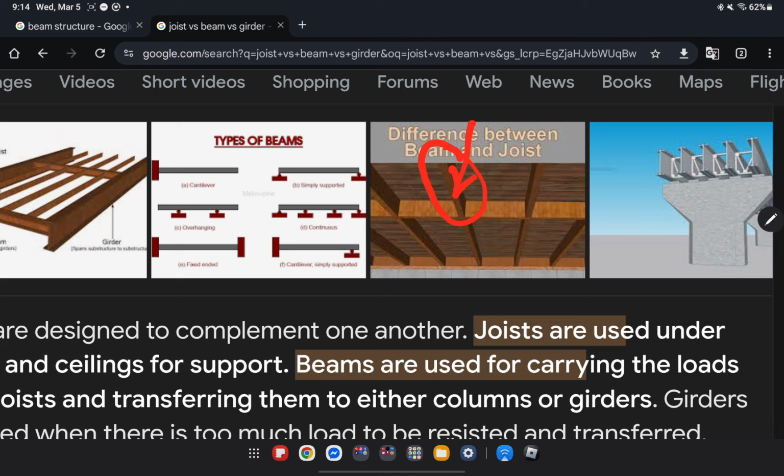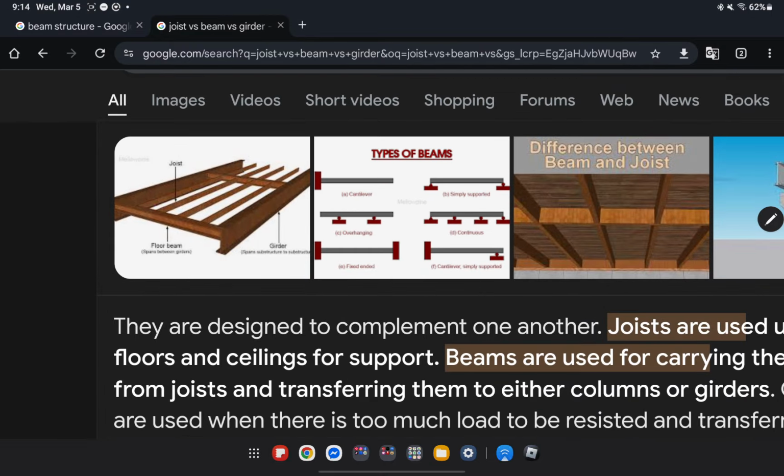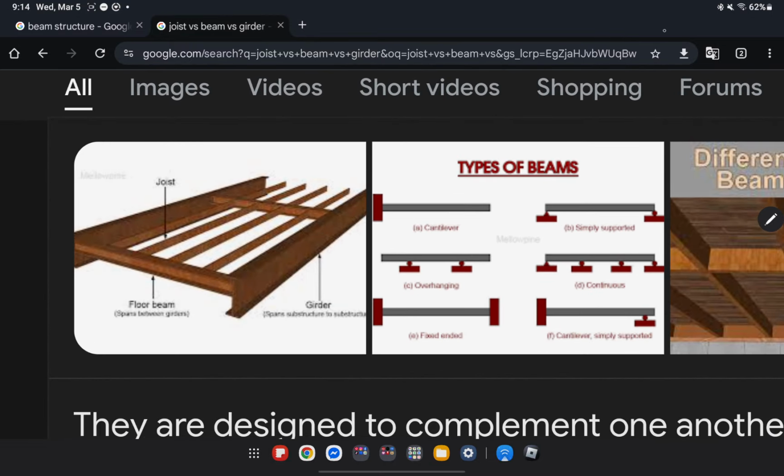Now, a beam, on the other hand, carries a load passed by the joist, which is this one here.